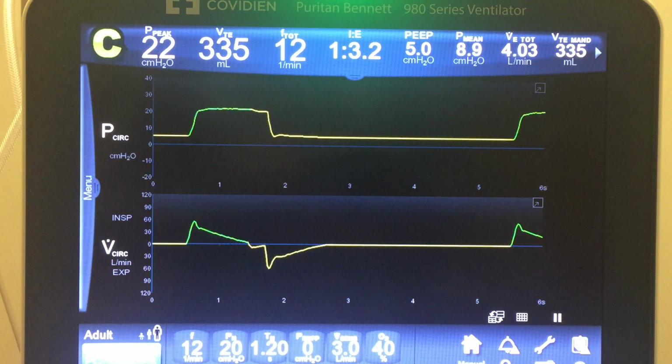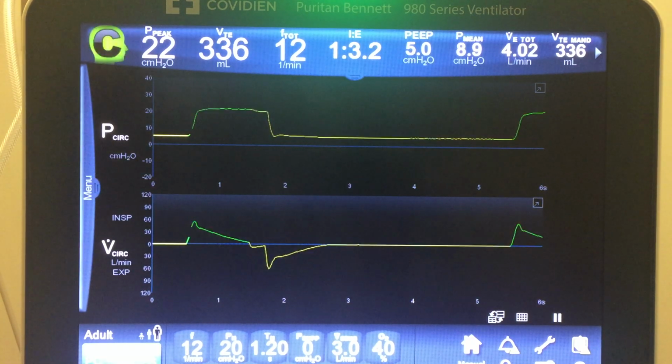And by the way, whether or not PEEP affects the cardiovascular system largely depends on the lung compliance. If you think about it, a very stiff lung, you apply PEEP, that lung is not going to expand a whole lot. Therefore, it's not going to compress the capillary bed and create as much pulmonary vascular resistance and therefore cardiovascular compromise.